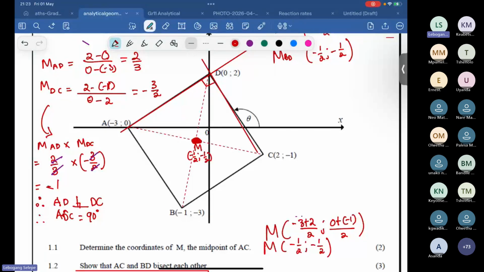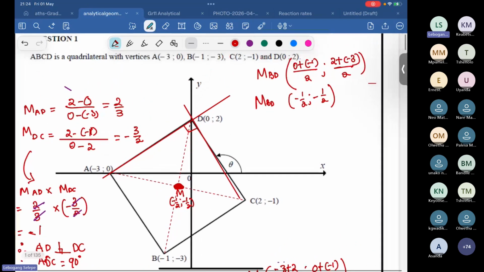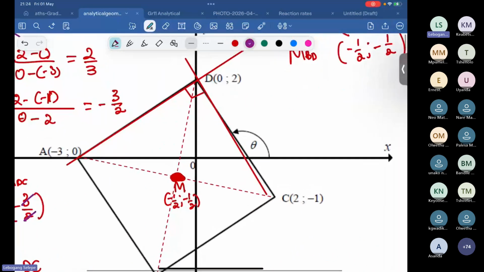But there's another method we could have chosen. There's another route that we could have taken instead of multiplying the gradients, which is a longer route. But assume that it was the only way to get to the answer. I'm just making an example. Can you see that from the sketch, if I can calculate theta and calculate beta, I can use some angles of a triangle to find ADC?